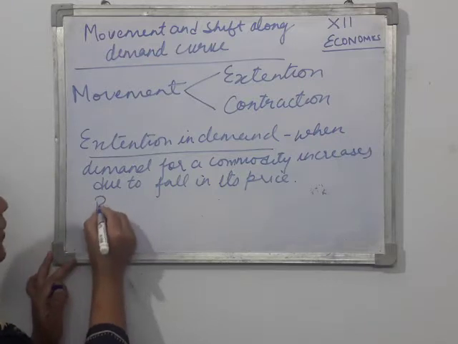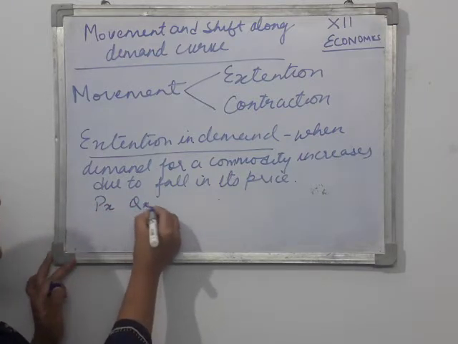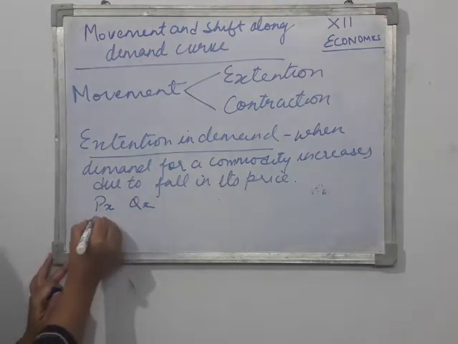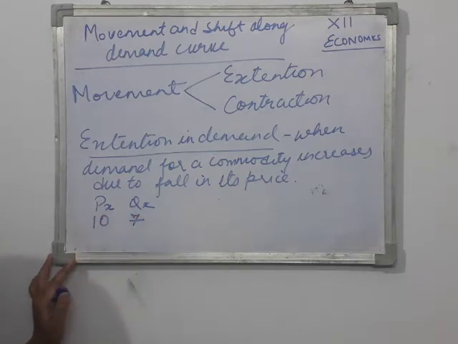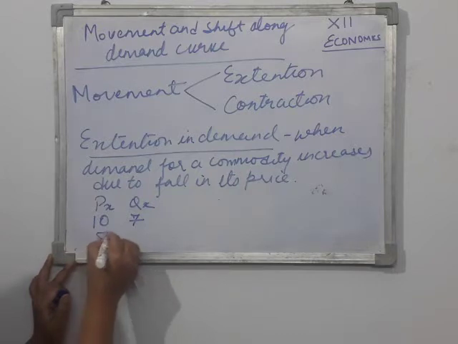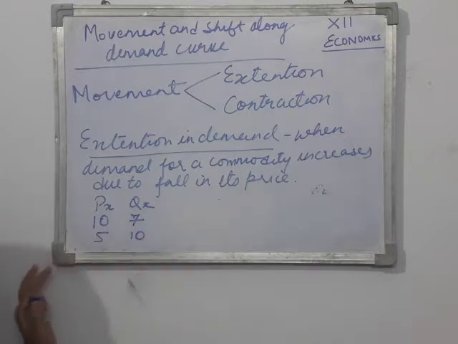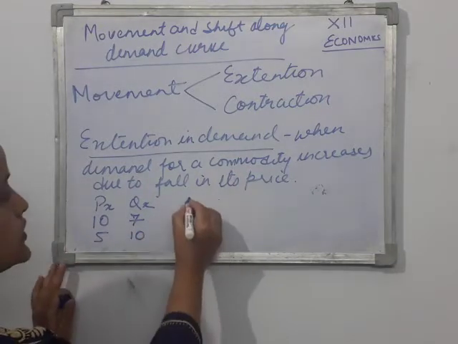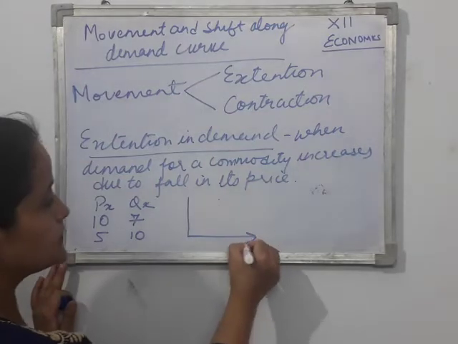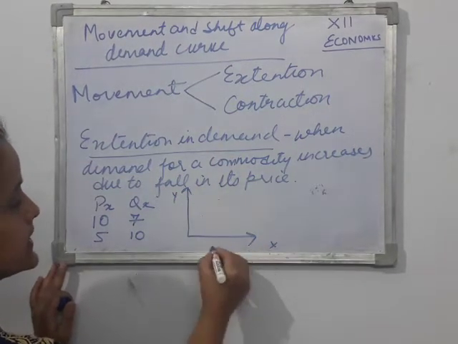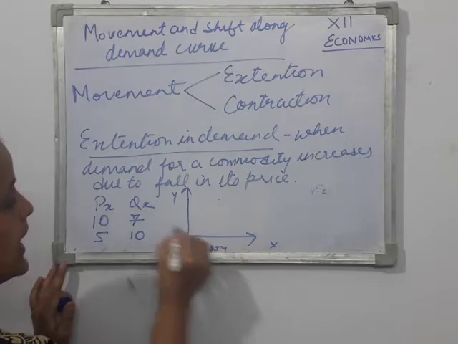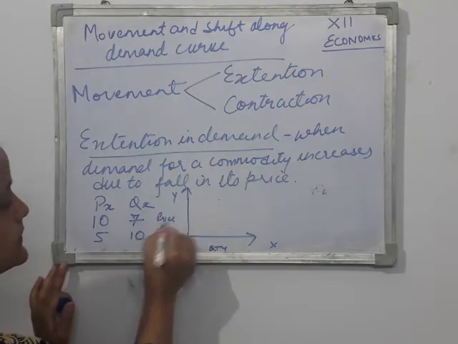This is price of X commodity and this is quantity demanded of X commodity. Now when the price was 10, you were asking for 7 units of the commodity, and when the price was 5, you were asking for 10 units of the commodity. So if we show this on a diagram, this is y-axis, this is x-axis. Here we will show quantity and here we will show price.